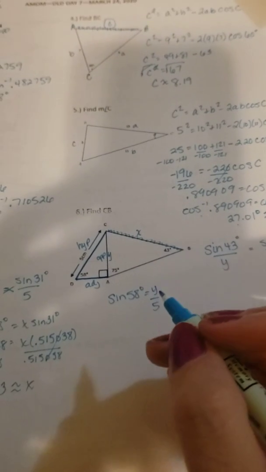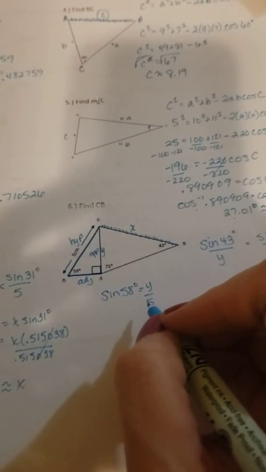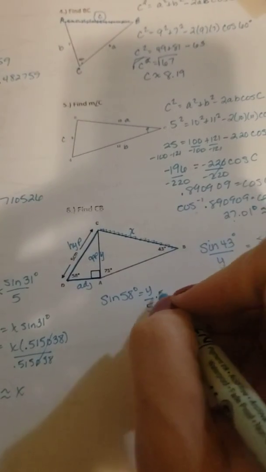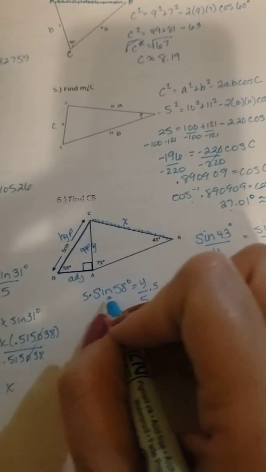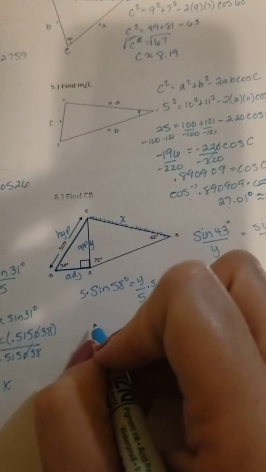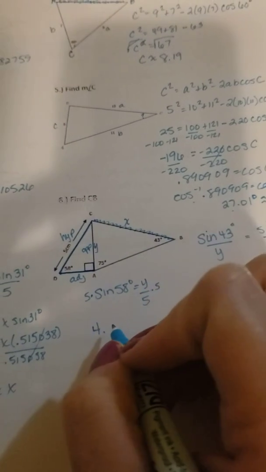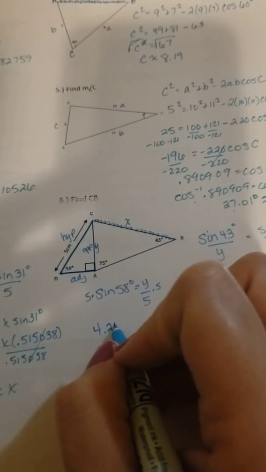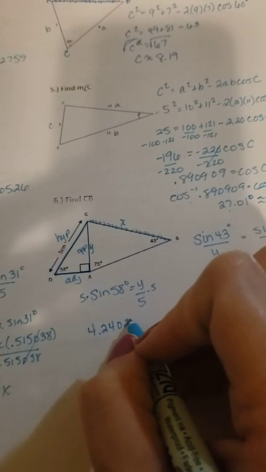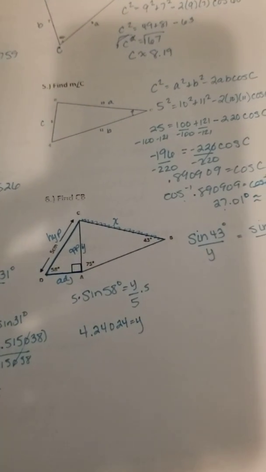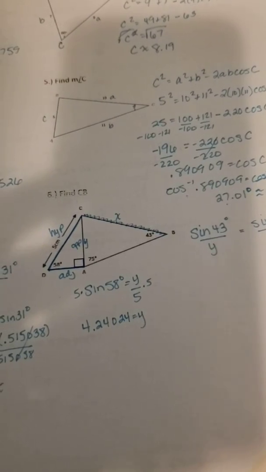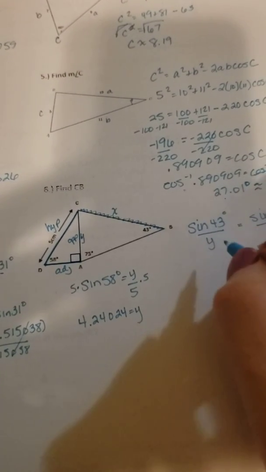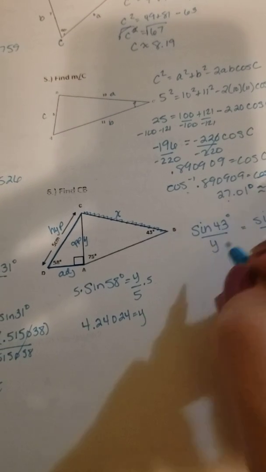Okay, so I'm going to go ahead and multiply both sides by 5. And when I do 5 sine 58 in my calculator, I get 4.24024 equals Y. Okay, so I can rewrite this equation.